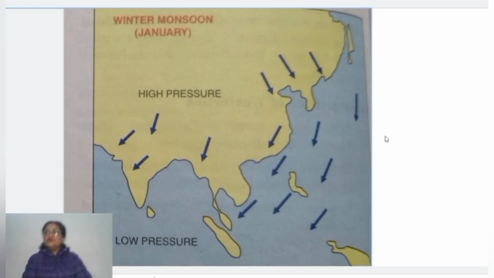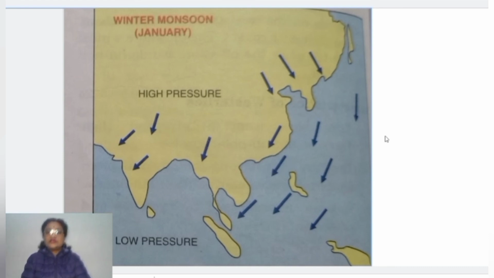Now the second example we can give is Foehn, F-O-E-H-N, Foehn, and Mistral. These are two different types of winds. Foehn is comparatively a warm wind, but when we talk about the Mistral, this is a cold wind. Now what happens in both the cases? First of all, let's talk about Foehn.